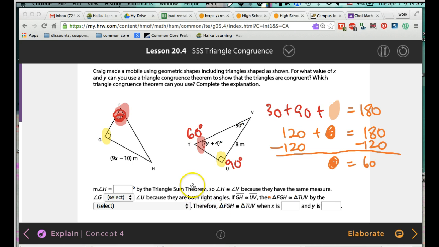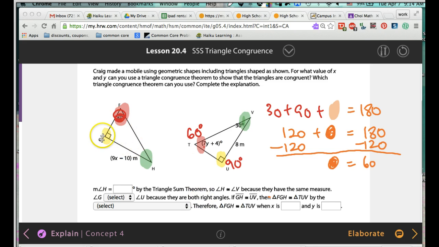Okay. Well, we're not sure if this is congruent or not, but we gotta make sure that we find a value of x and y that's going to make these two triangles the same. Which means that we need to have all three angles measure the same. So this 30 degrees is this 30 degrees, right? So all three angles have to measure the same.